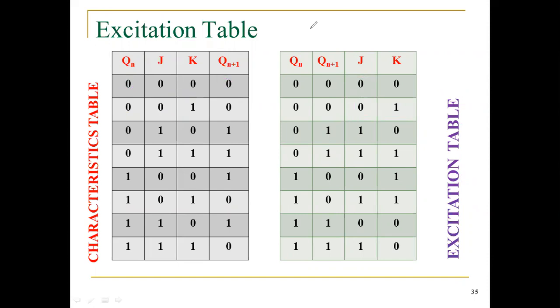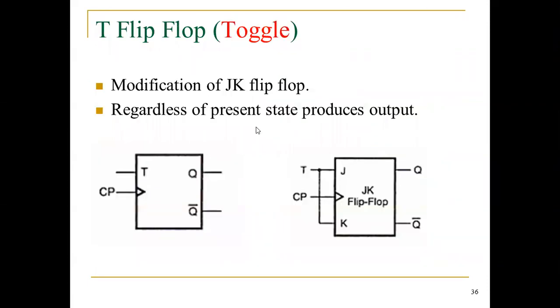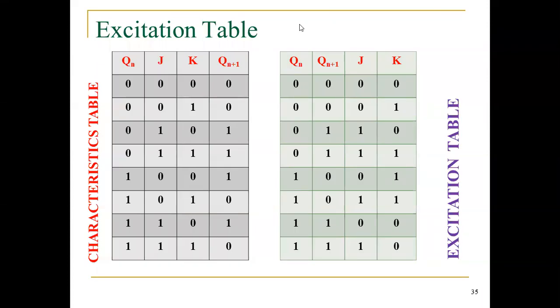We will see the same excitation table at the time of designing circuits. Now similar to the SR flip flop, we are going to explain other flip flops by using JK flip flops. With this, the operation of the JK flip flop and its truth table, operation table or characteristics table is over.